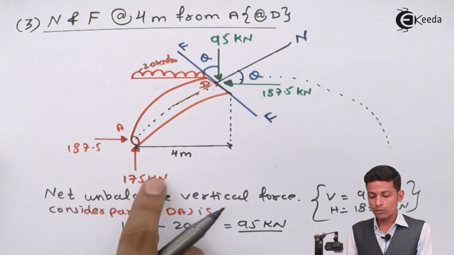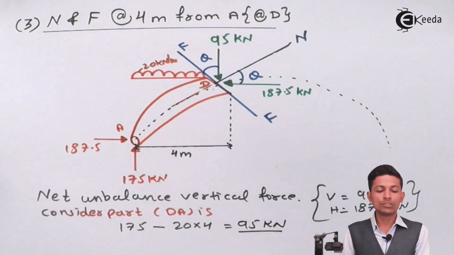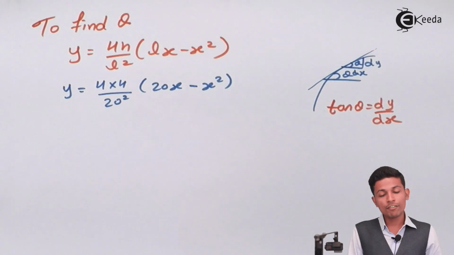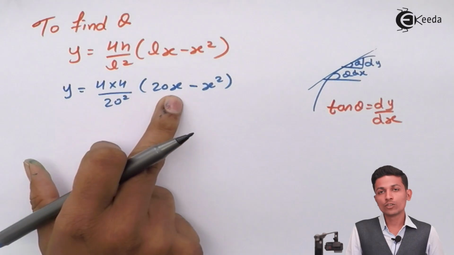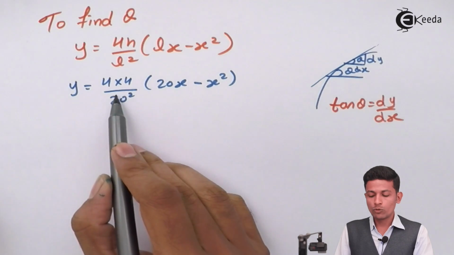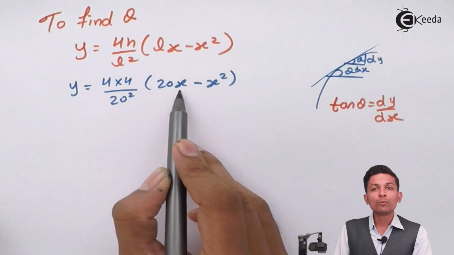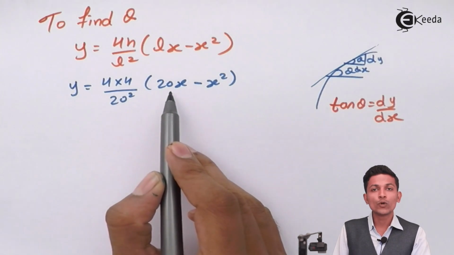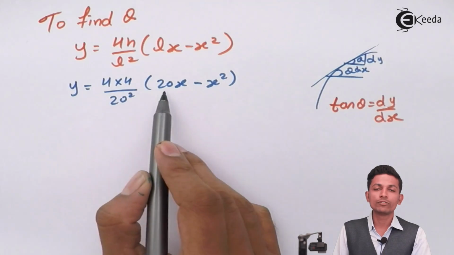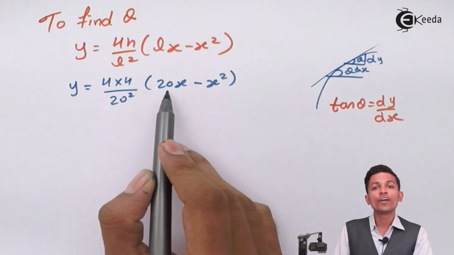So don't use x is equal to 4 in this equation, though in the previous sum we could use it.